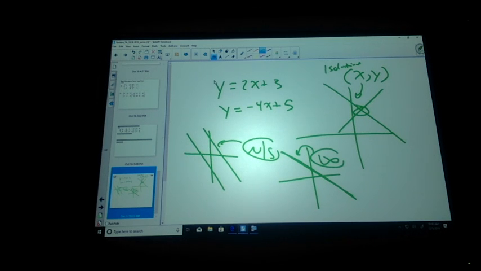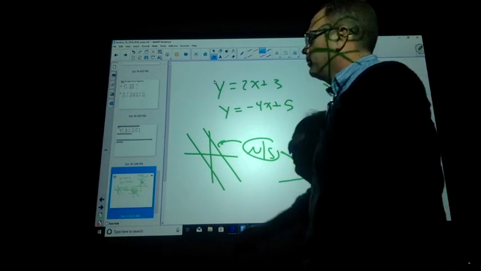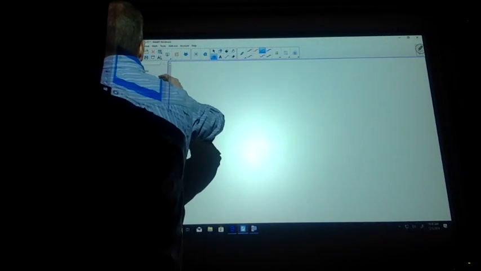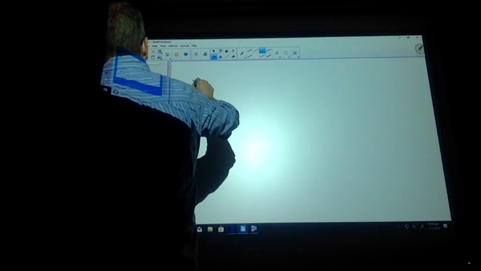But let's go back to what this is: a system of linear equations, right? A system meaning I have more than one linear equation. Well, what if we had something that was bigger?